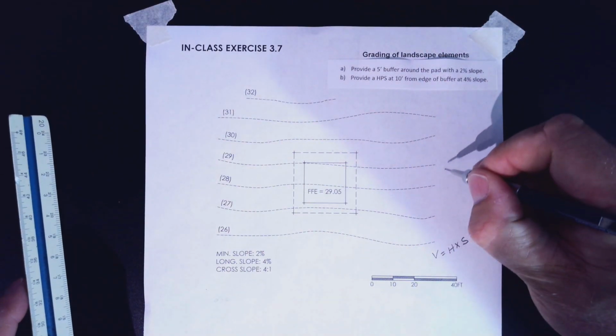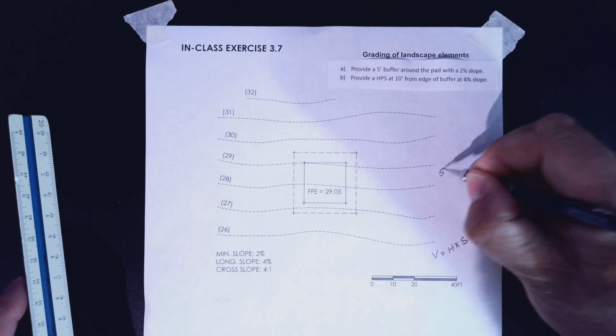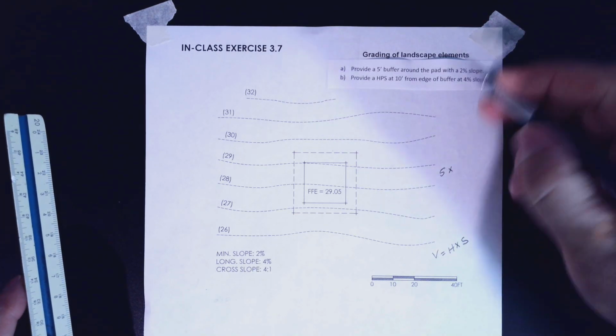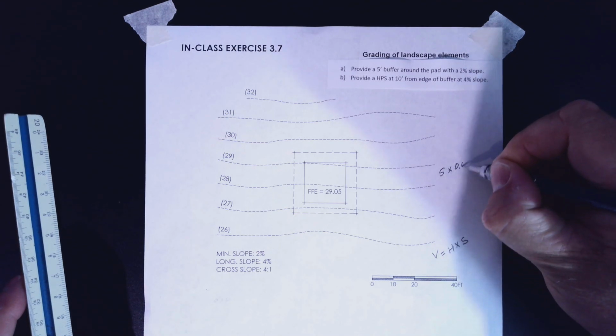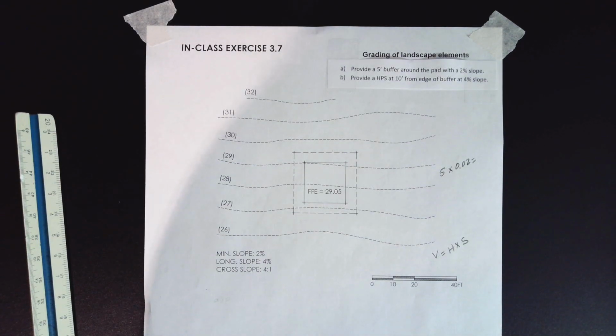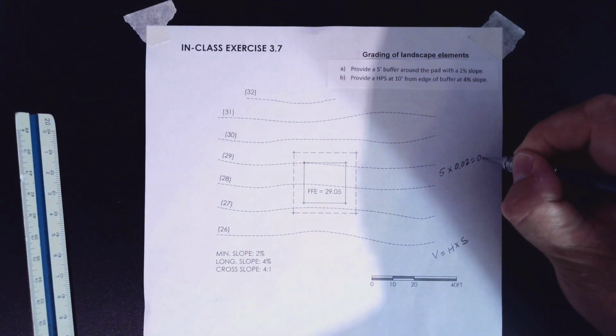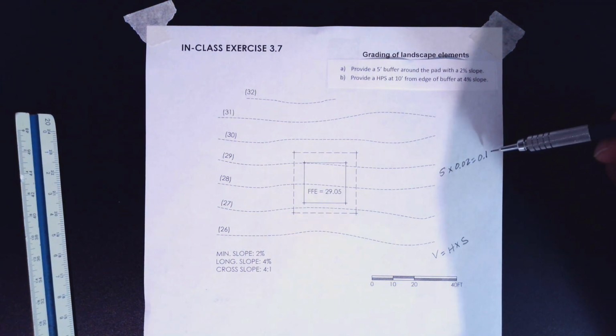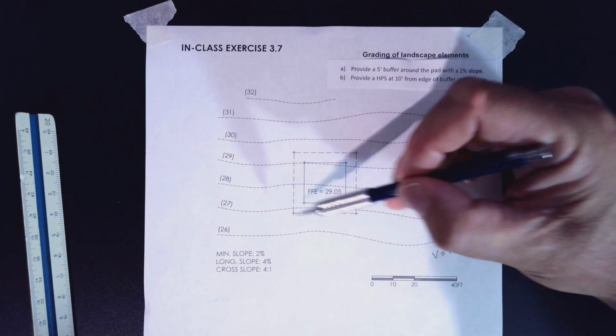So our little math problem is 5 feet times our slope, which they said up here is 0.02, and that equals 5 times 0.02, 0.1. So from this corner to this corner, it drops 0.1 feet vertically, and that's the same for all the corners.